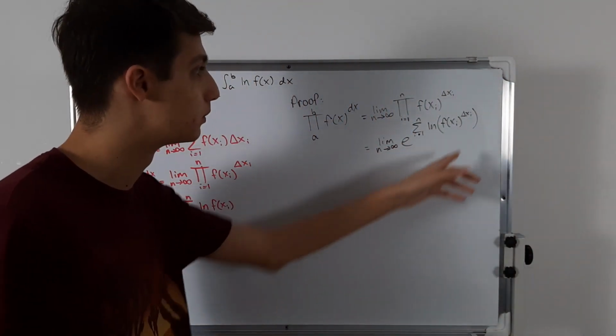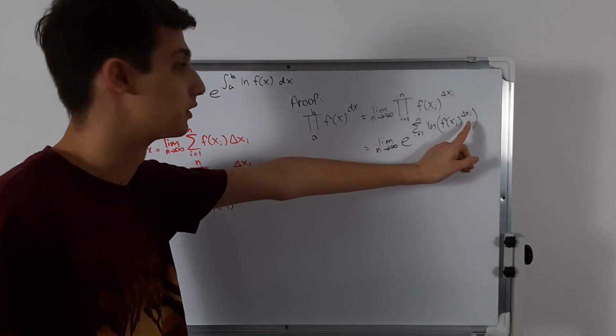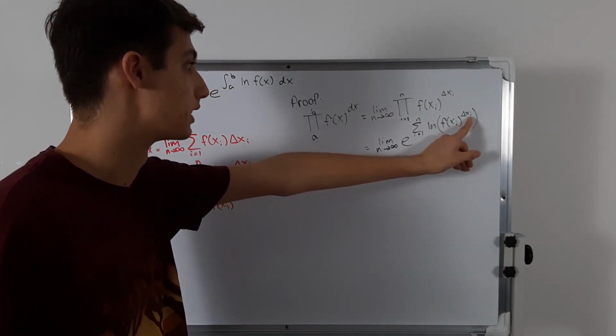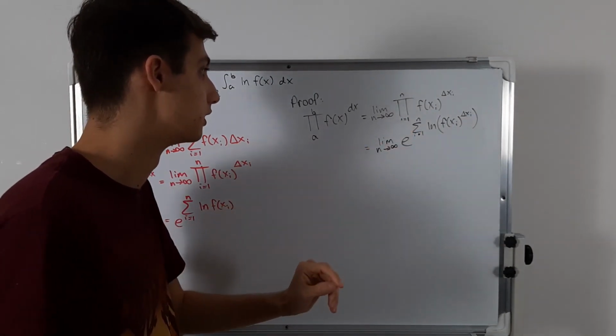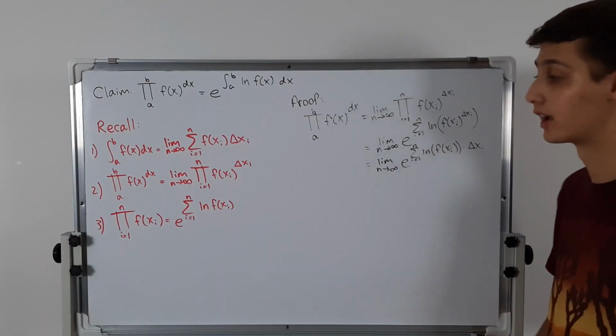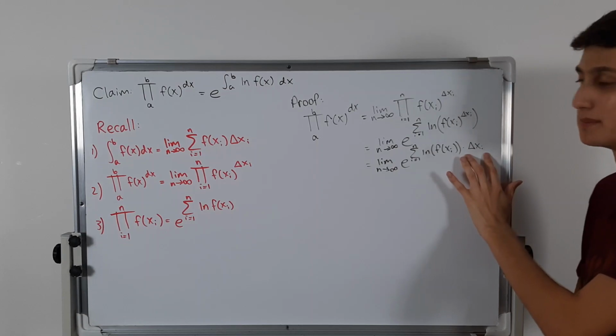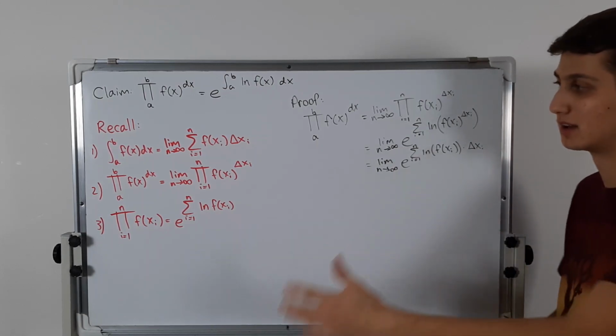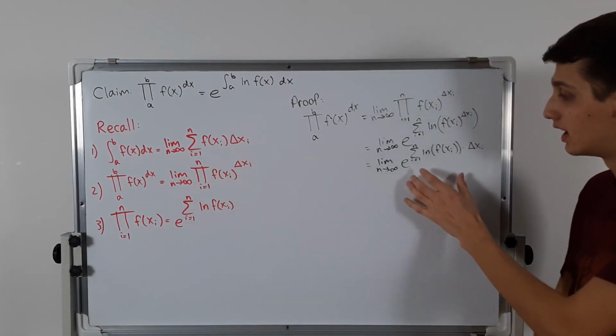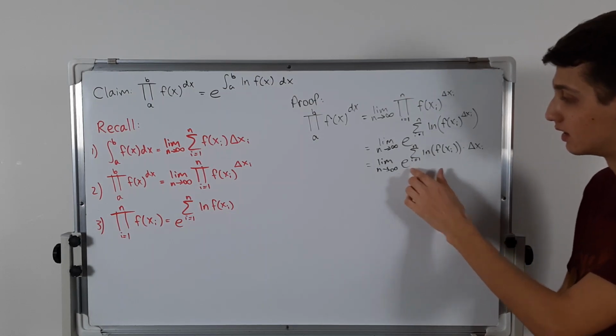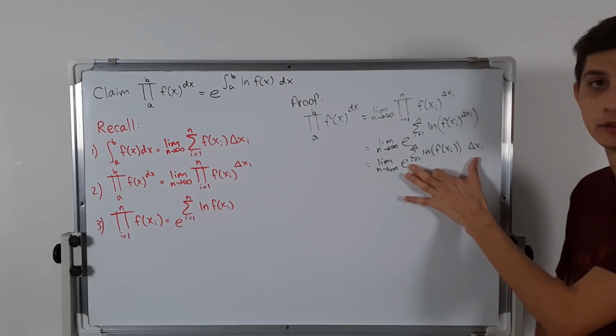So now, by just log rules, we can move this delta xi to the front. So let me just do that real quick. Okay, so I moved it; you can move it to the front, but I just multiplied it in the back because that's more commonplace. And so here, this should remind you of something.